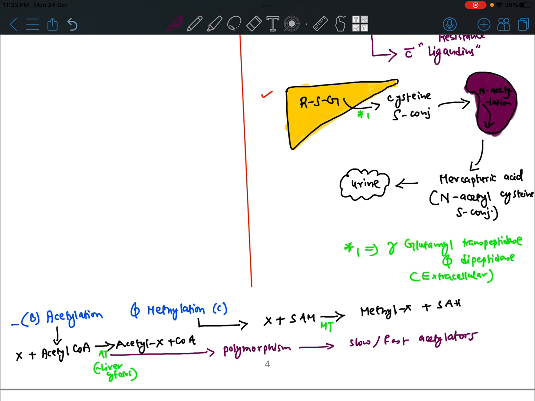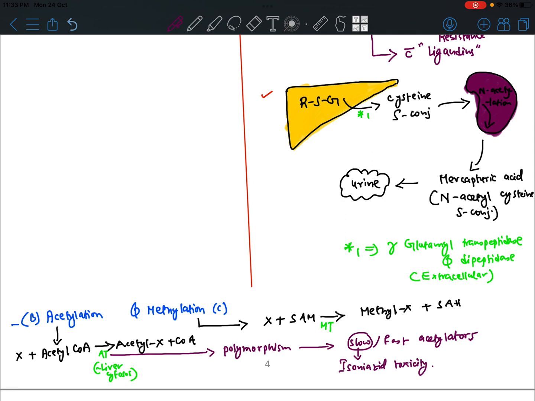So slow acetylation will lead to isoniazid toxicity. Why isoniazid toxicity?